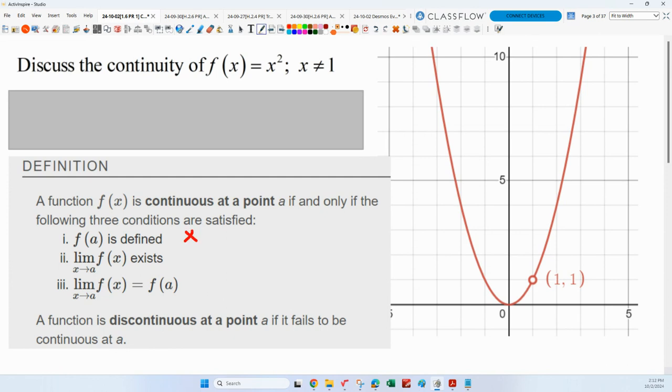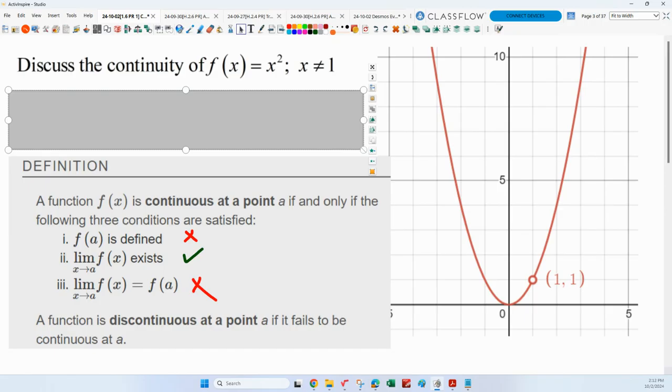The function is not defined. And so therefore we know automatically that we're going to fail criterion 3. Do we meet criterion 2? Up or down? Yeah, what is the value of the limit of f of x as x approaches 1? It's 1, yeah. So that one, we actually do pass that criterion, but we didn't pass all 3, so the function is discontinuous there.